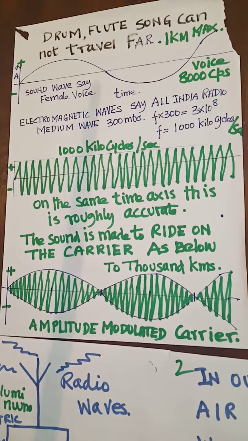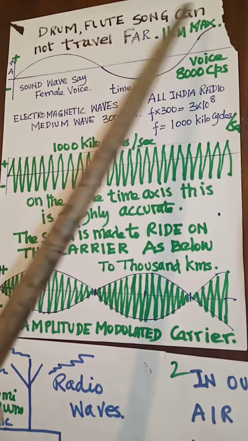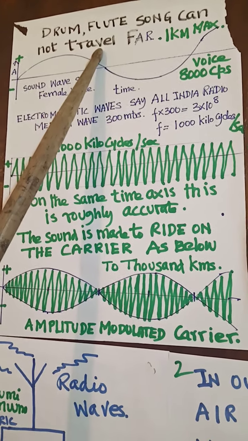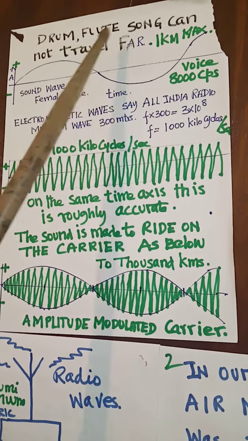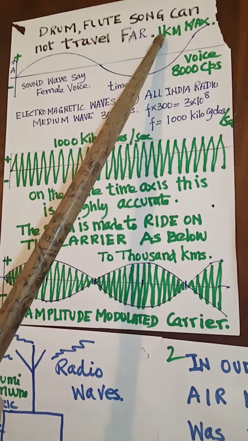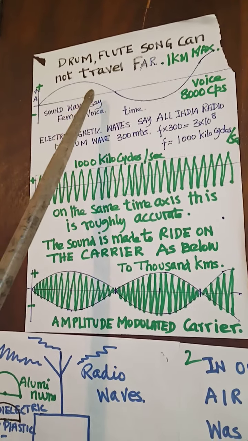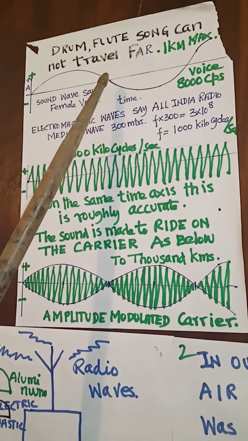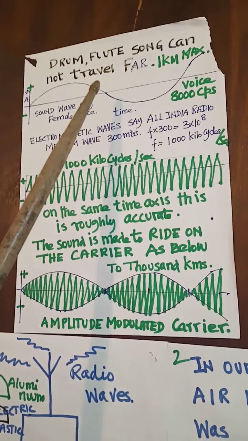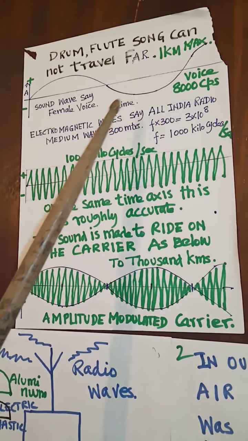So anyway, a drum, flute, or song cannot travel very far. A drum can go to 1 kilometer, a song can be say 200 meters, a flute may be about 80 to 100 meters.